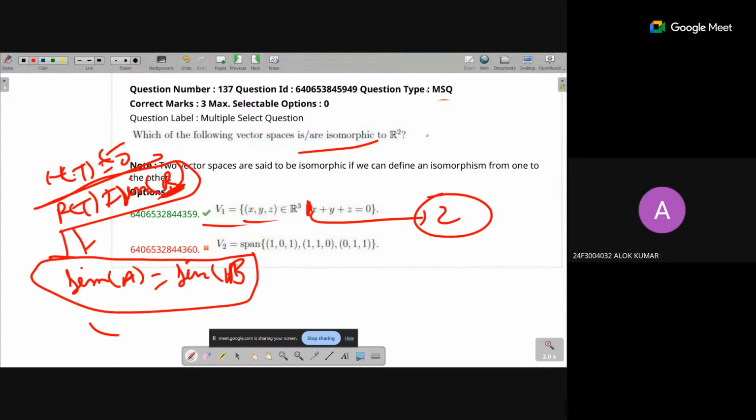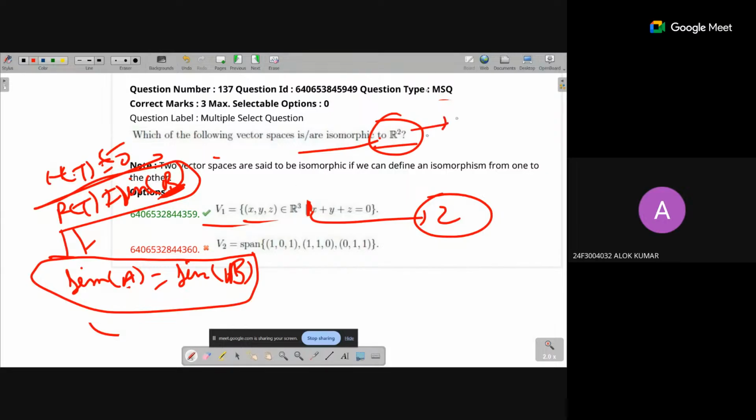You are saying the dimension of codomain and dimension of domain must be equal for the linear transformation to be isomorphic. Yes. So now look at this condition. This is the domain, and I have to find the codomain which will be isomorphic to this domain.